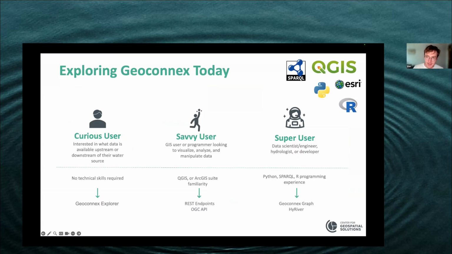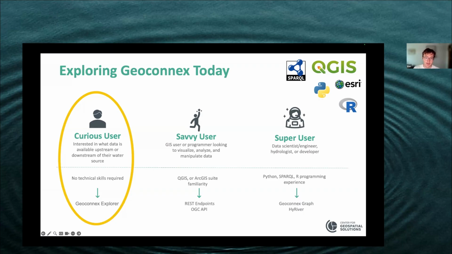So Geoconnex Explorer and Geoconnex itself can be explored by anyone from a curious user to a super user. Someone who has tons of GIS experience to someone that is really, this is their first time on the internet. Think of your grandmother, if they're old enough. But Geoconnex Explorer specifically is really trying to focus on a tool that is making Geoconnex accessible to a curious user.